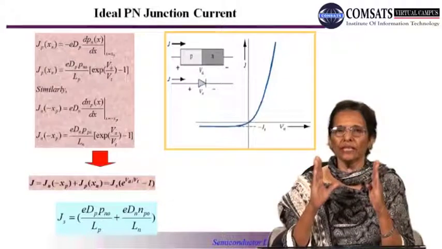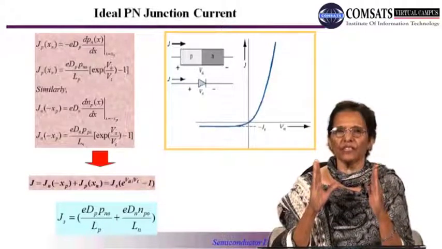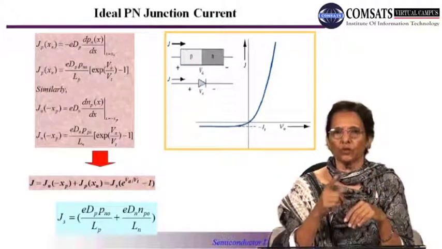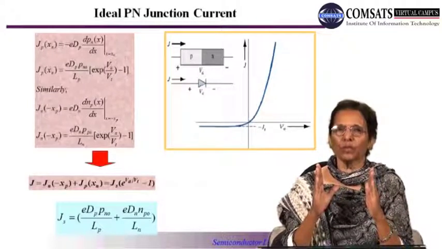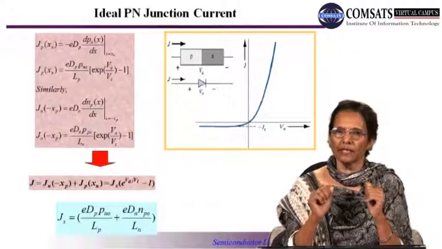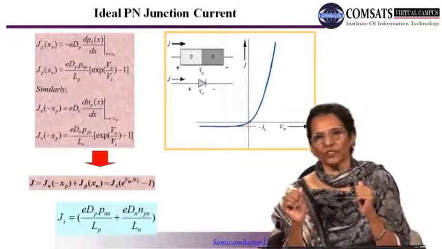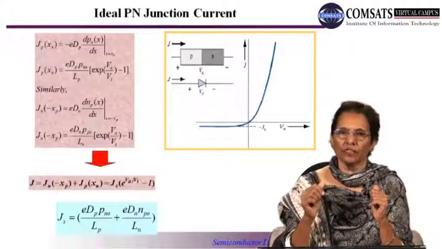Because we take 0, let's say in the space we define x equal to 0 in the middle of the depletion region. To remind you once again, the depletion region is symmetric because we had taken the ideal condition in which the dopant concentration of the acceptor Na is exactly equal to the donor concentration Nd on the N side.